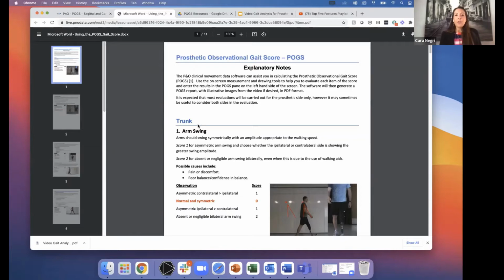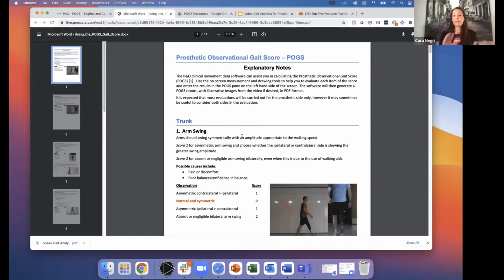Okay. So I want to quickly cover what the Edinburgh and the POGS are and what they're doing. The researchers decided on 17 different measures that they want to observe during gait. And you're going to score a 0 for someone who falls within normal limits.